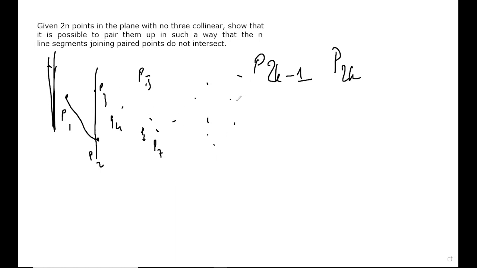Because if, say, 2 line segments, P(2l-1)P(2l) and P(2k-1)P(2k), intersected, why is that not possible? Well, say k is greater than l.